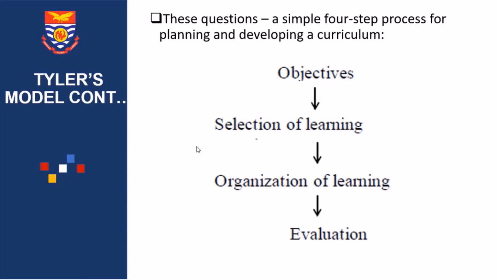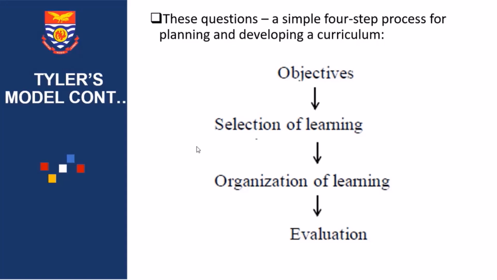So what Tyler is saying is that in planning or developing a curriculum, the first thing you should look at is objectives. What objectives do you seek to attain? Then the second one is selection of learning, the learning that should be done. Then organization of learning.